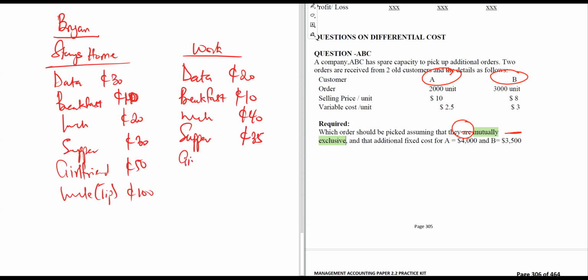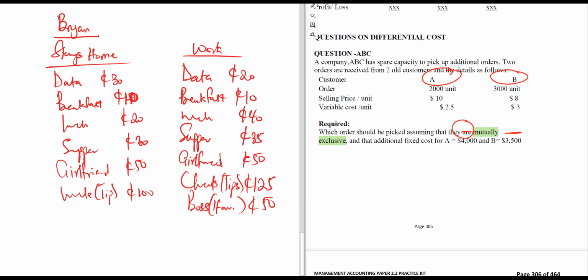And he still sends his girlfriend 50 cedis, whether work or no work. But here his clients are going to give him money or tips of 125 cedis. And then maybe his boss, if he's around, can give him some 50 cedis bonus, right? So this is what we have.